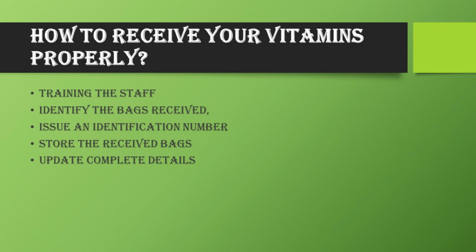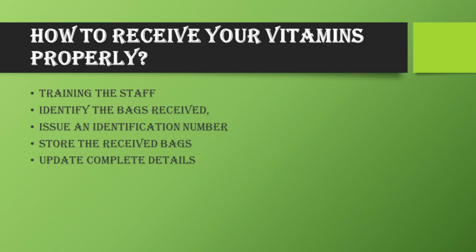The procedure of receiving vitamins is very important. Train the staff about the importance of vitamins in feed formulas, highlighting their high cost and sensitivity to the storage conditions to identify any abnormalities or failures. Identify the bags received, check their conditions, number of bags, net weight per bag, and the total weight of the delivery.